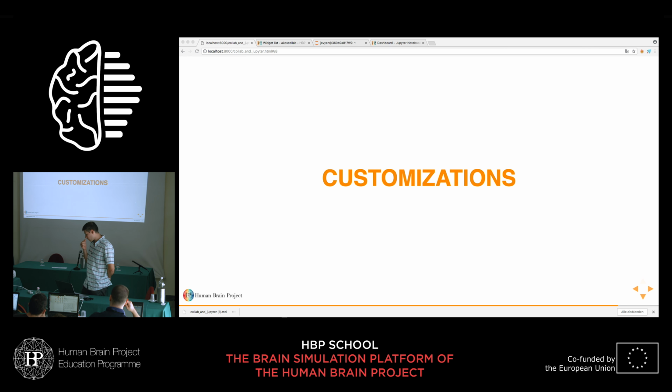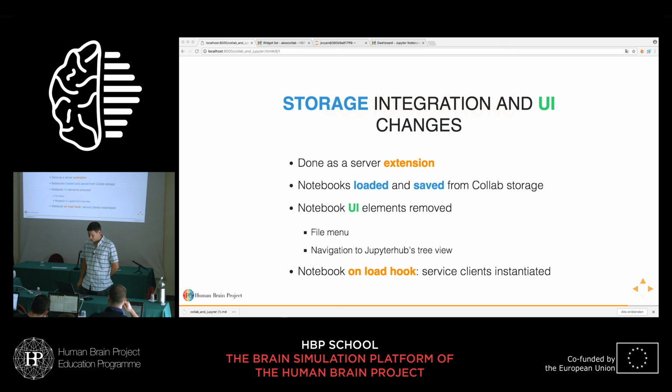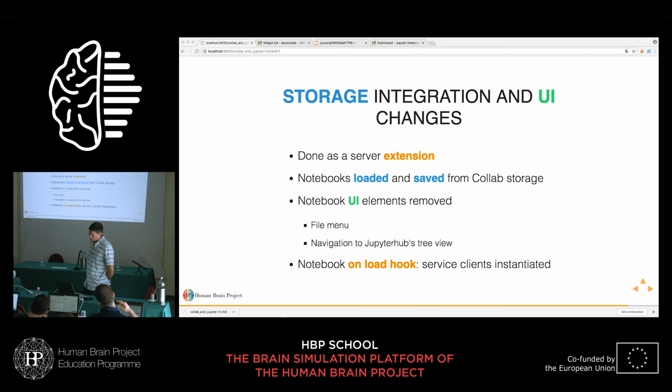So if you have used the notebook somewhere else, you may notice a few differences from the vanilla flavor. These changes mostly involve the storage integration and UI changes, because most of these changes are done as server extensions, so we don't touch the code of Jupyter notebooks, but it's possible to create plugins for the server itself, and that's what we have done.